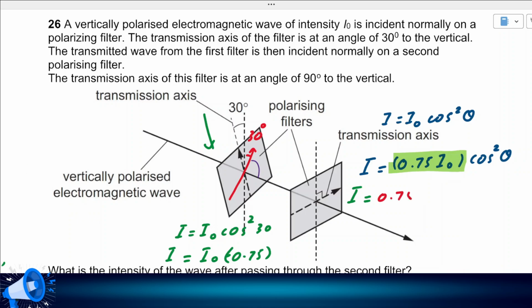So 0.75 I naught times cos squared of 60.